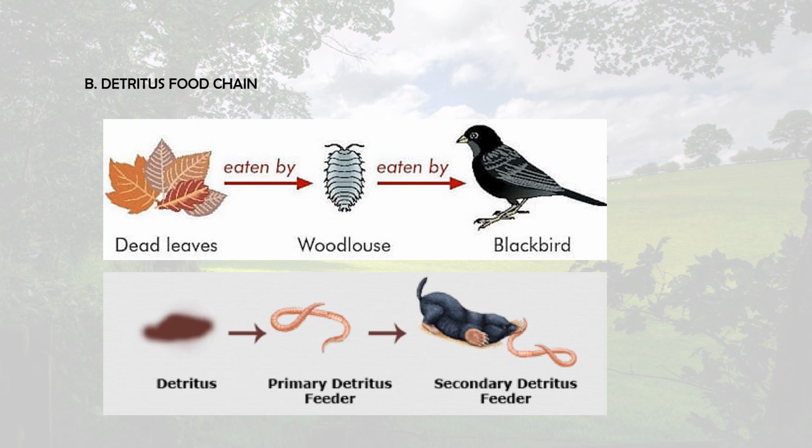So they are generally decomposers. These are the examples of the detritus food chain, where the dead leaves are eaten by wood louse and the wood louse is then eaten by the blackbird. And in the second one, the detritus is eaten by earthworm and the earthworm is consumed by mice or mouse.